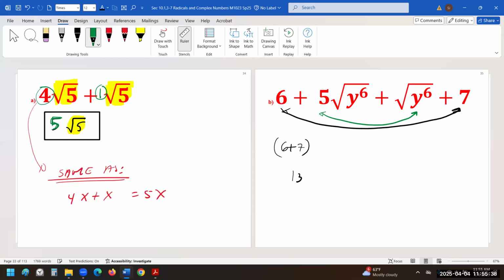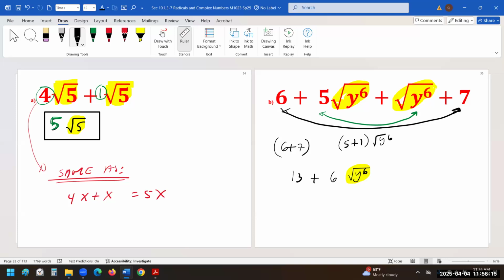The variable, the radical. Do you see the exact same radicals in both cases? They're exactly same. So we write the exactly same things. And how do you combine their coefficients? How many we have total? 6 of them. Because we have 5 plus 1 square root of 5 to the 6.